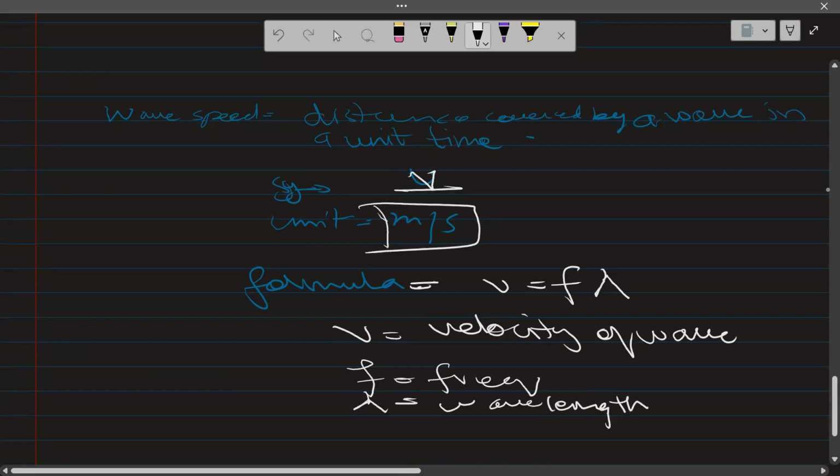We have discussed that lambda is the symbol of wavelength.